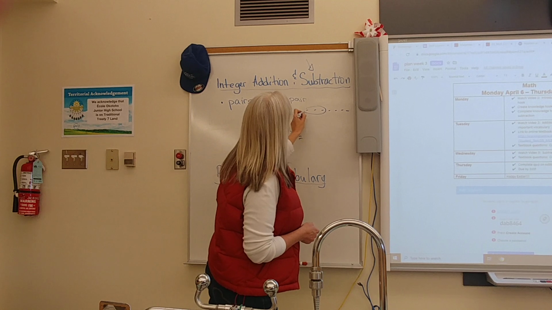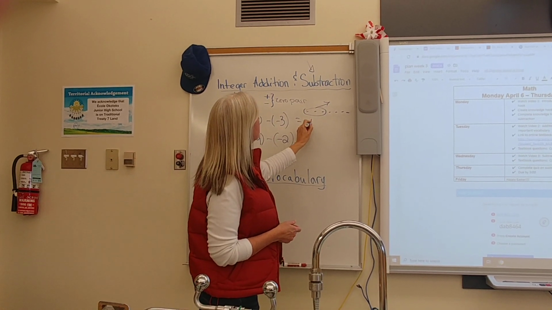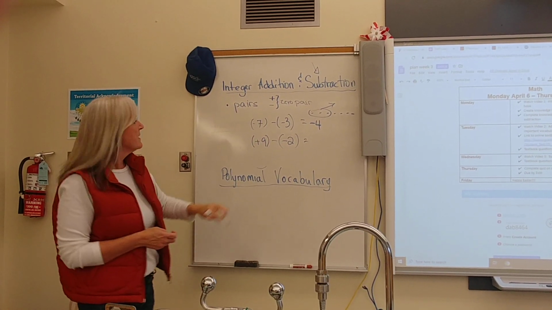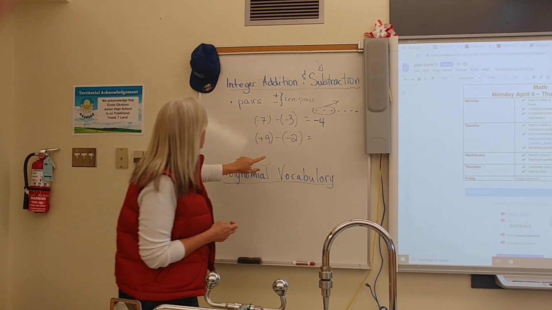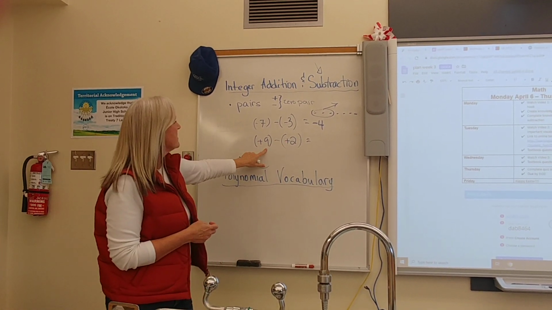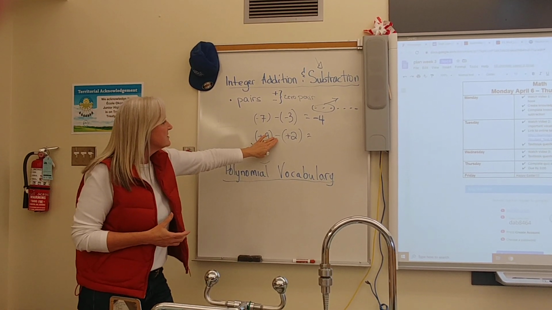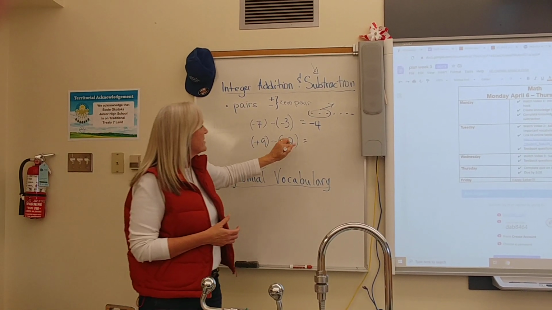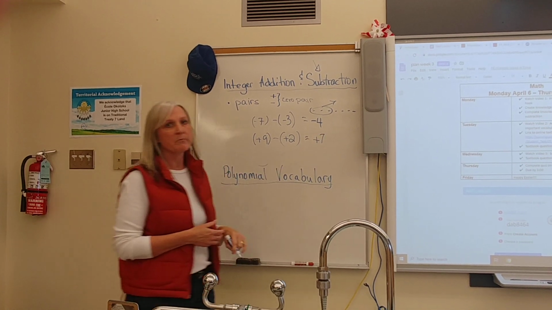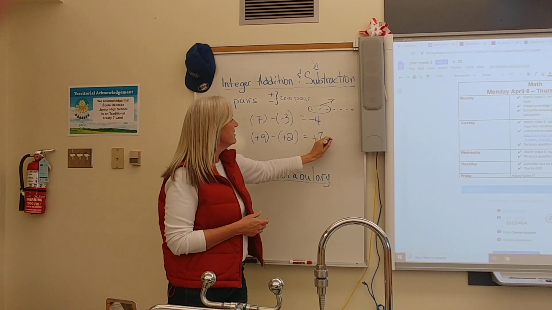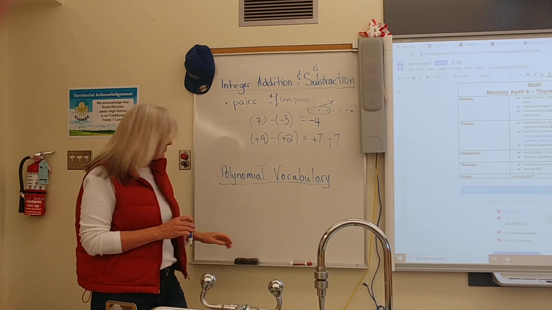That's easy. There they are, taken away. I'm left with negative 4. Same with here. Oh, sorry, I made a mistake there. Positive 9, take away positive 2. On that one, it's just a regular subtraction question. 9 take away 2 is positive 7. You can write it as positive 7 or just as 7.